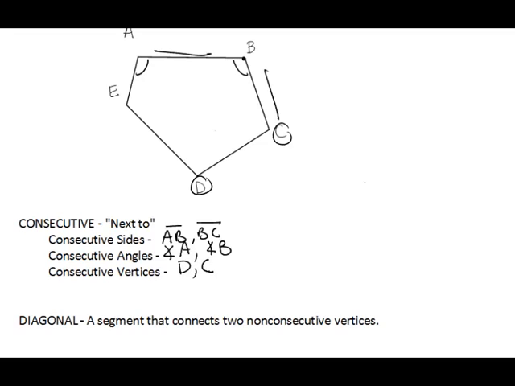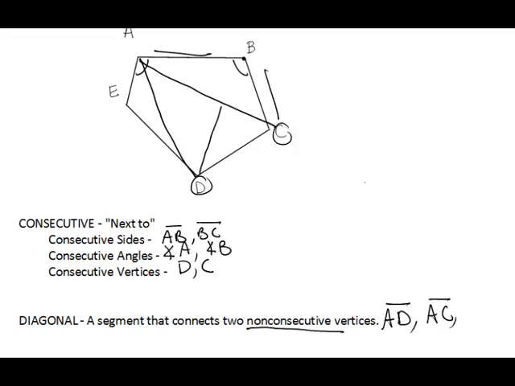Okay. A diagonal is a segment that connects 2 non-consecutive vertices. Remember, consecutive means next to each other, non-consecutive means not next to each other. So for example, A all the way to D, that would be a diagonal because that connects 2 vertices that aren't next to each other. Maybe A all the way to C would be another one. There's several on here to draw.